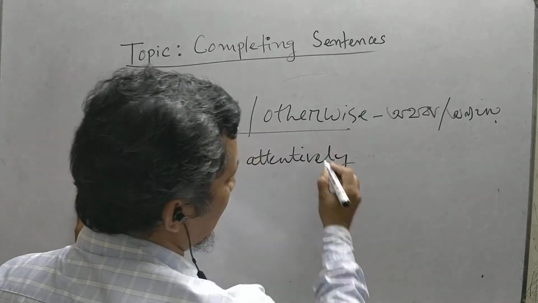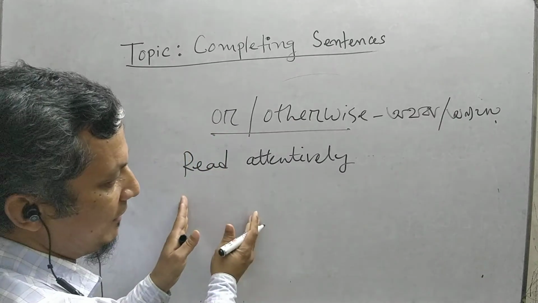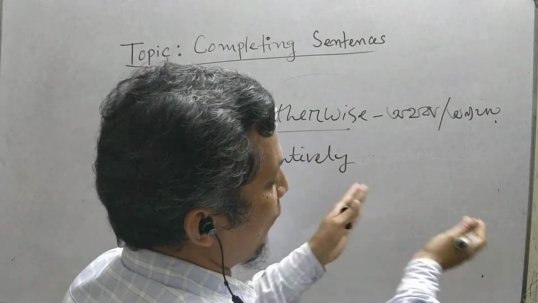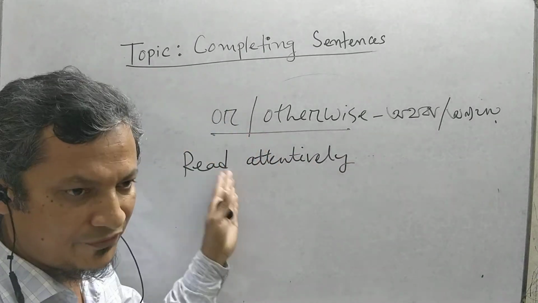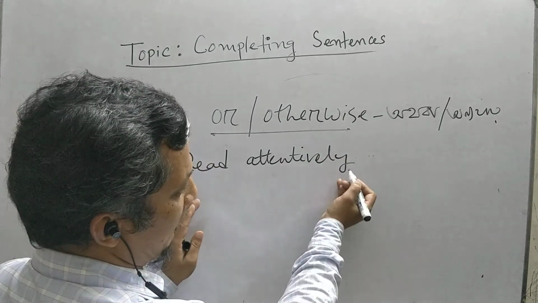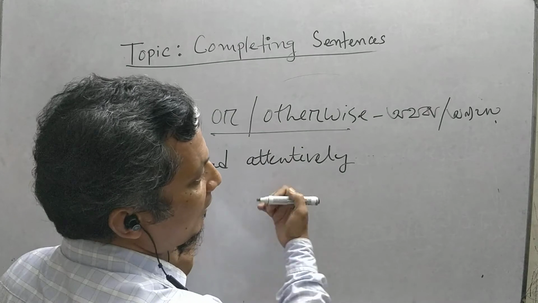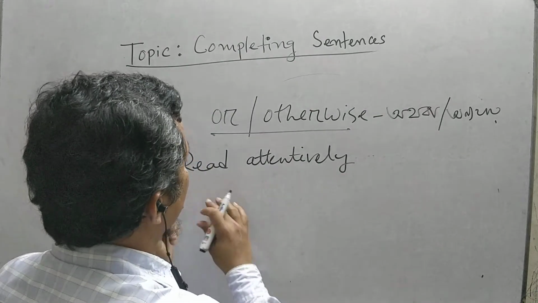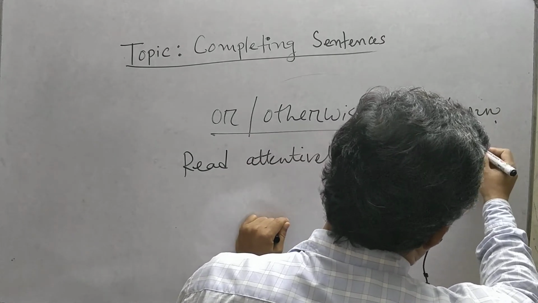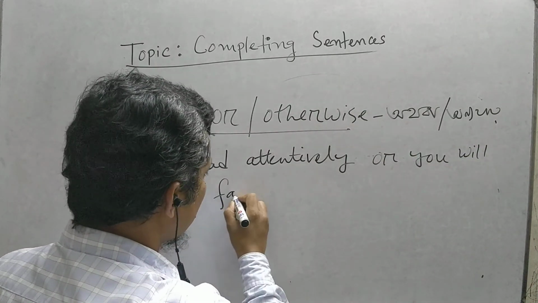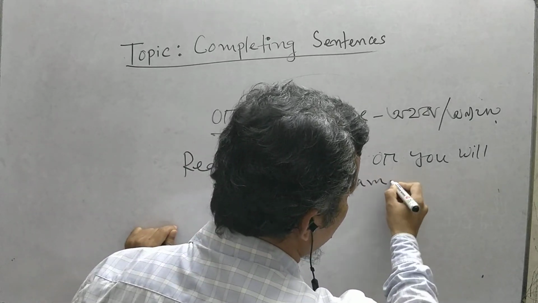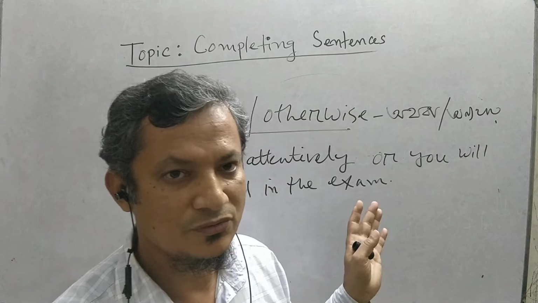Read attentively. It is in positive sense. The answer will be in negative sense. One part will be positive or affirmative, and the other part will be in negative sense. Read attentively, or you will fail in the exam. Am I clear to you, my dear students?